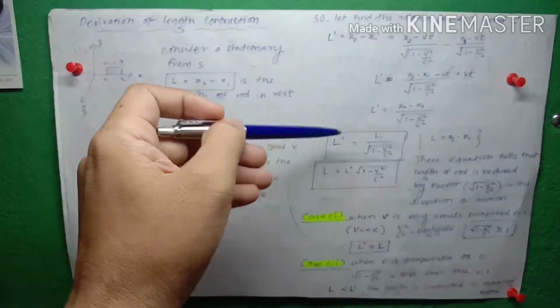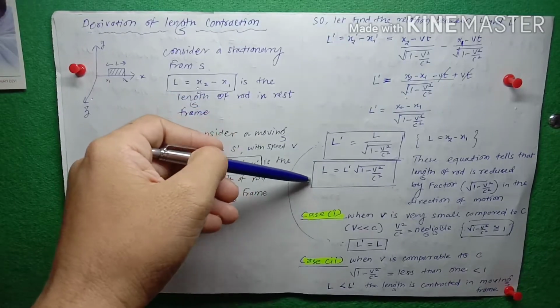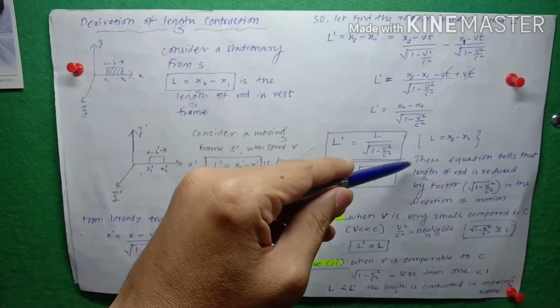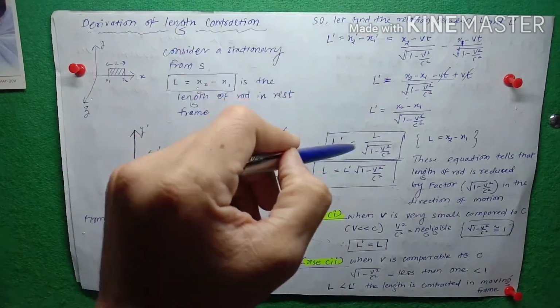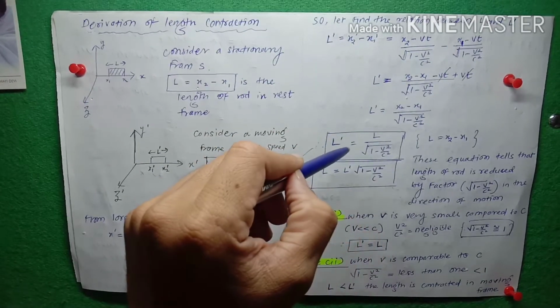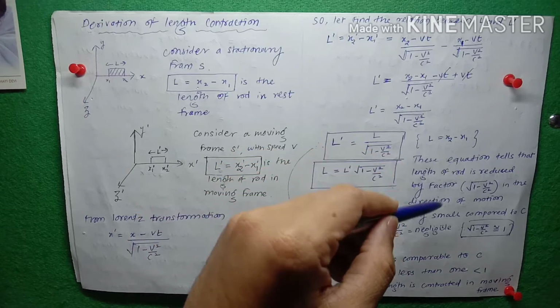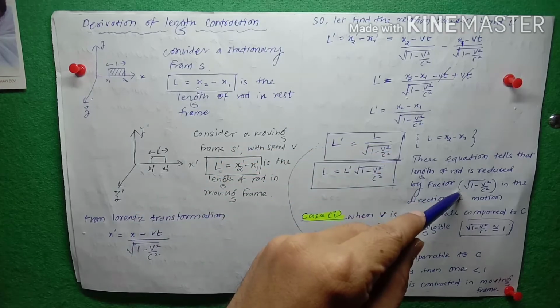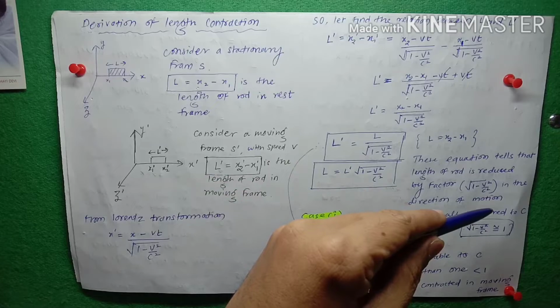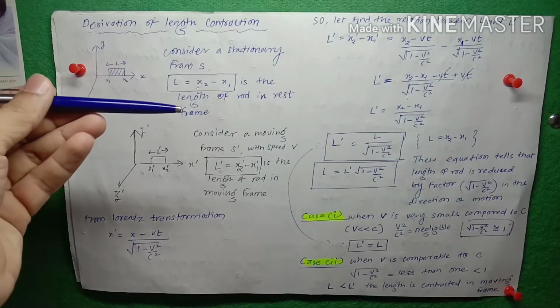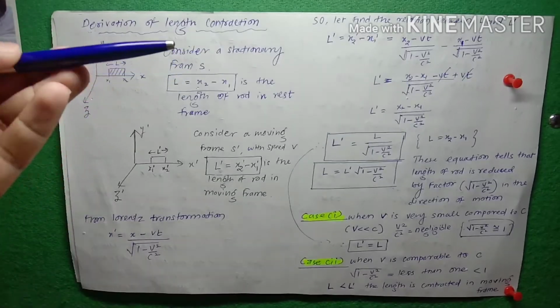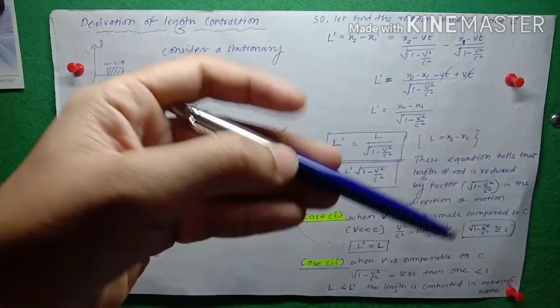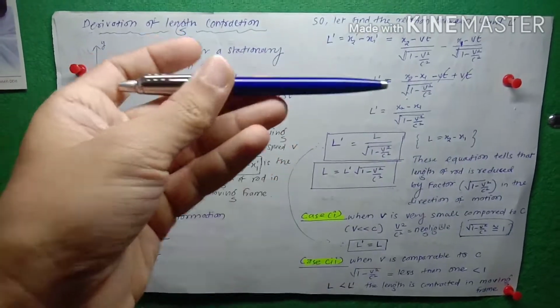After simplifying, we can also write the same formula in this way. So this is a mathematical equation that tells us that the length of the rod is reduced by this much factor in the direction of motion when the rod is moving with some velocity, or the frame is moving with some velocity and it is seen from that frame.